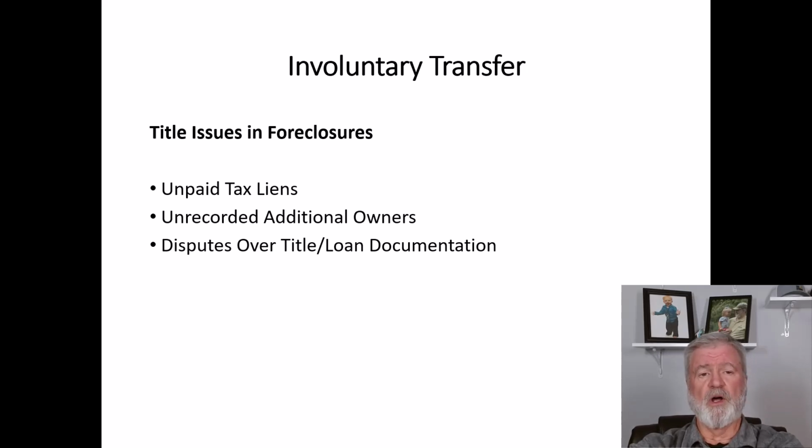There could be some unrecorded additional owners of the property. So obviously, if you're trying to purchase a property in this situation, and you can't identify who all the owners are, that can affect title to the property, right? Because there may be other owners involved and you didn't know about it.